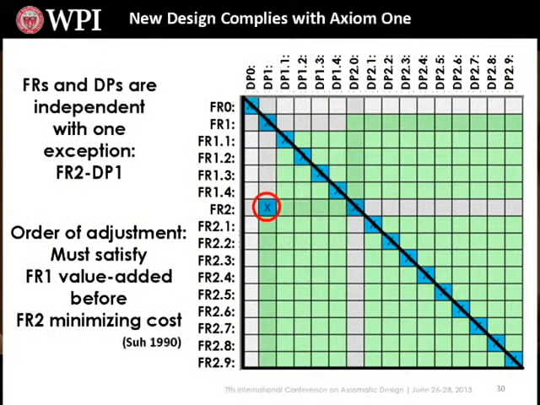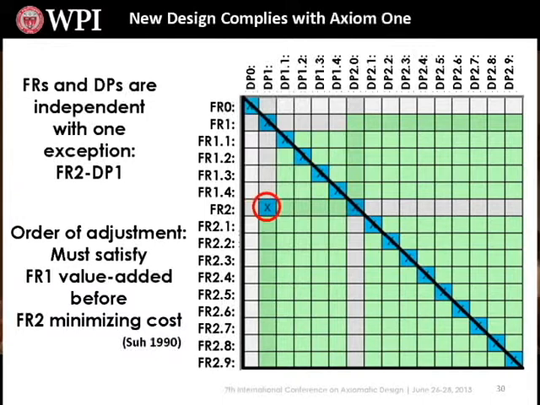So if you think about it, FR1 for the school is produce engineers with the highest amount of value added, and FR2 is minimize the cost to operate the system. Well, all we have to do is shut the system down, and we get FR2. We won't make any engineers, but we'll be very efficient.